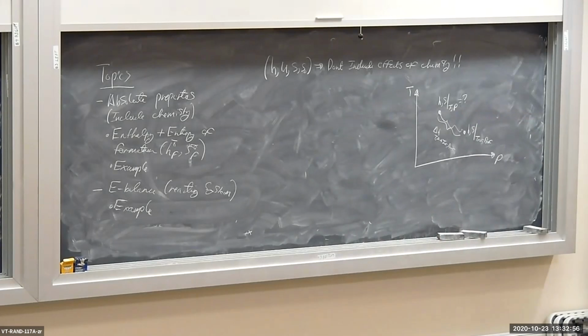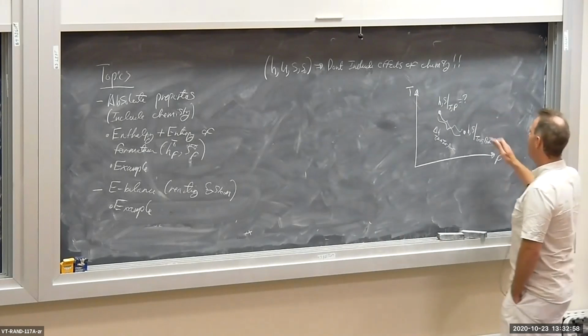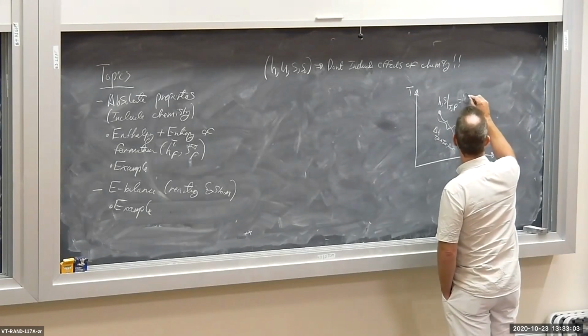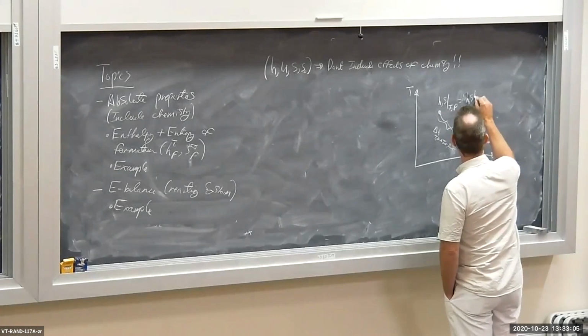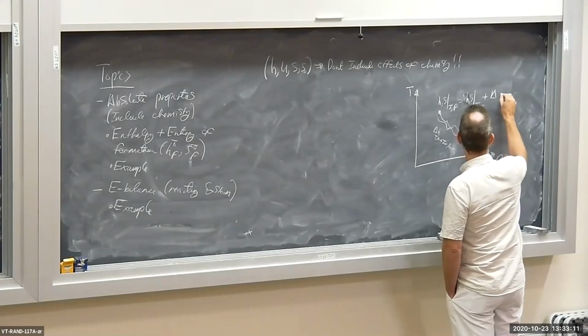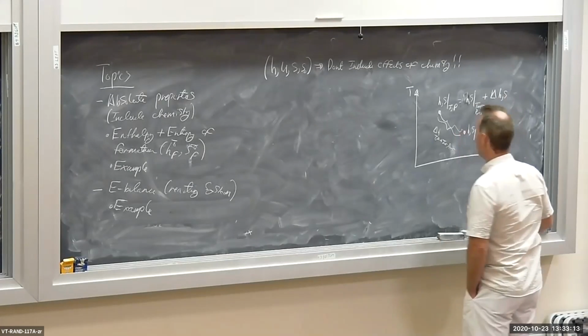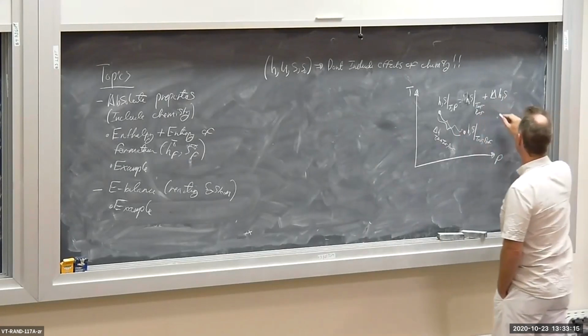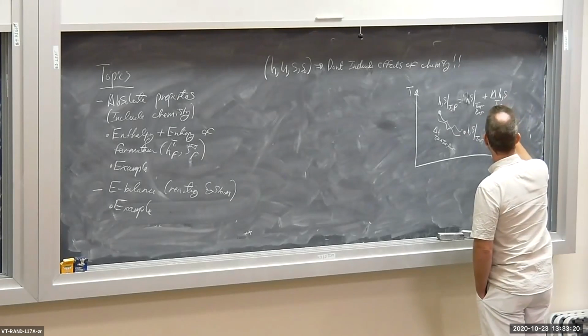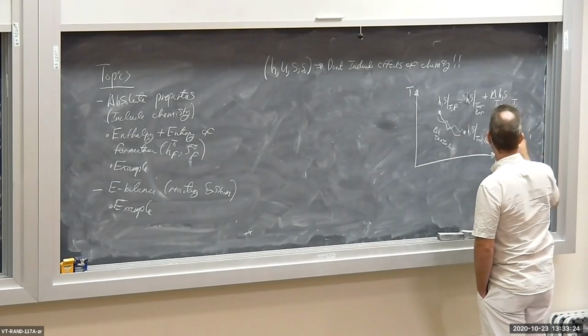So let's say I can calculate the delta h somehow. That means that h and s evaluated at some temperature and pressure is h and s evaluated at the reference temperature and pressure plus delta h and s as I go from the reference to my temperature and pressure, okay?